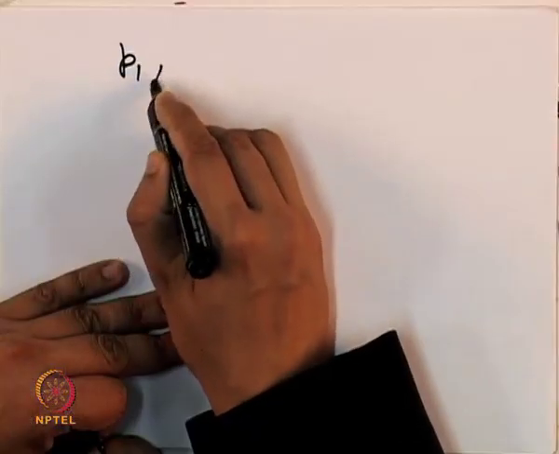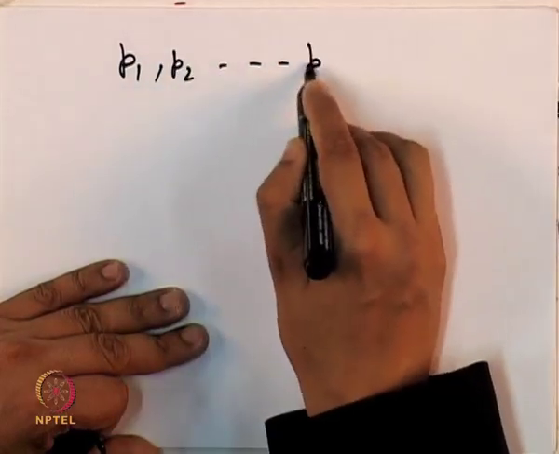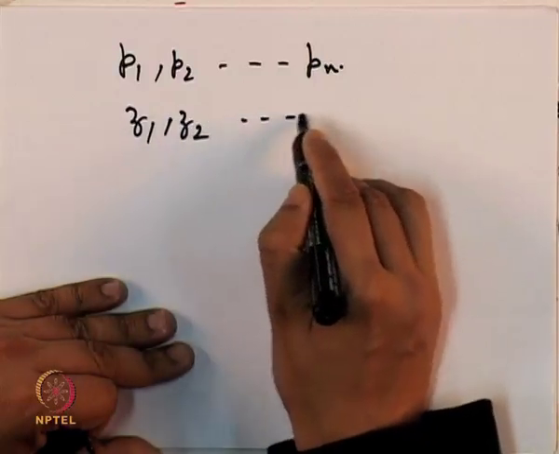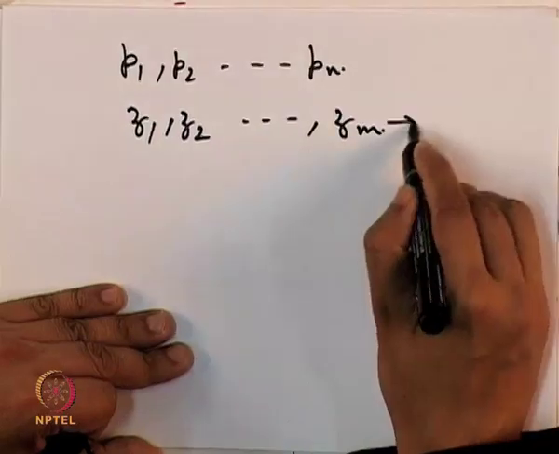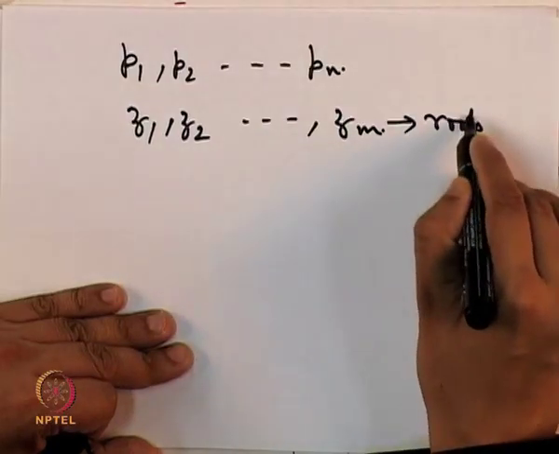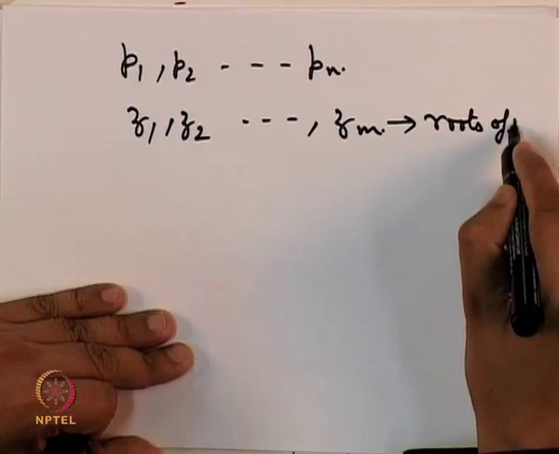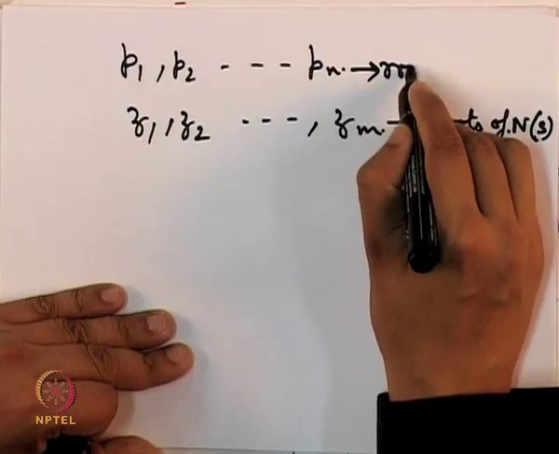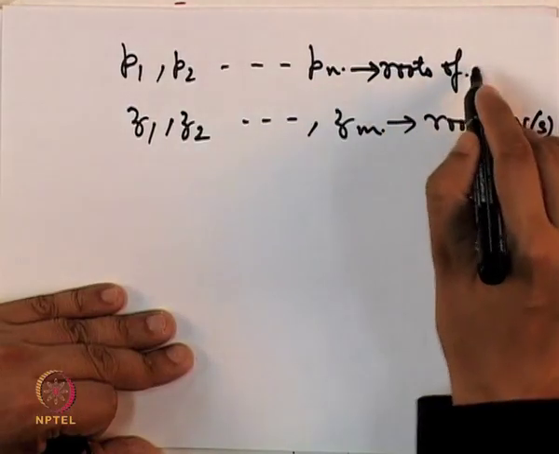Okay. Now, all these values, P1 and P2 till Pn or Z1, Z2 till Zm, these are the roots of N(s), and these are the roots of D(s).